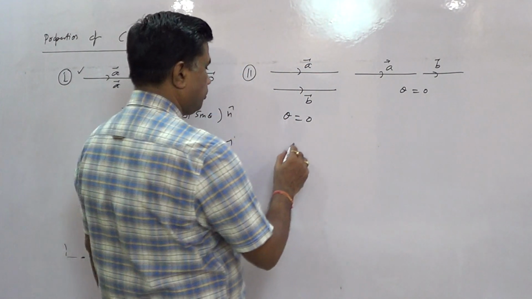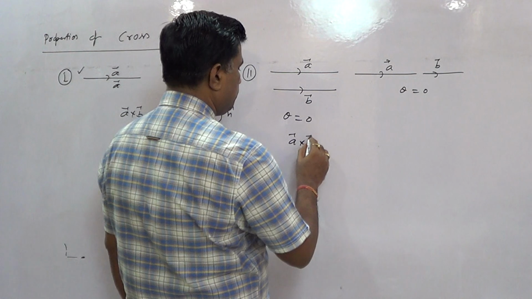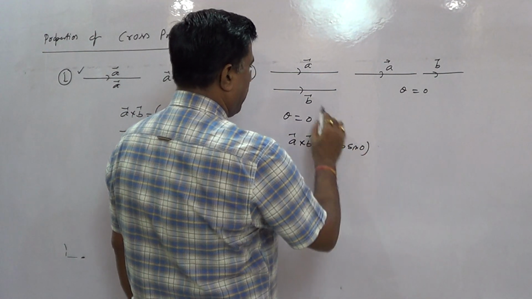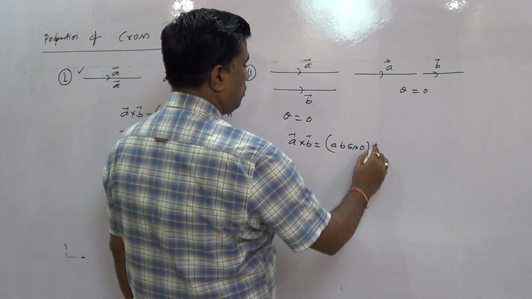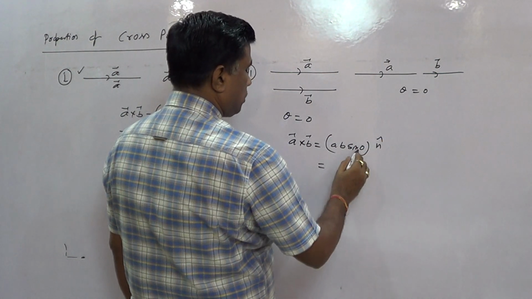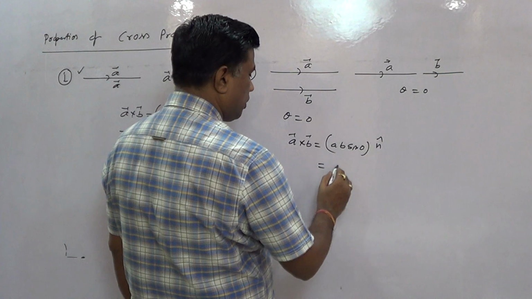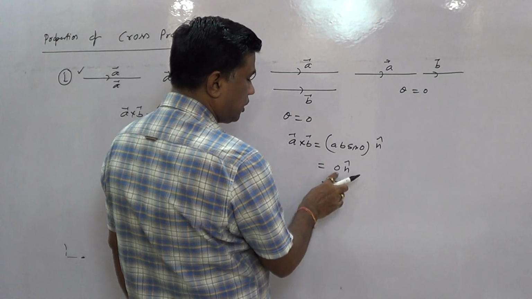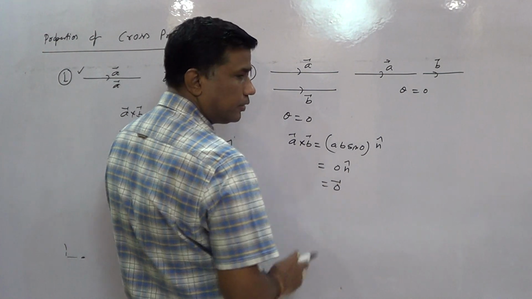See how? A cross B equal to A into B into sine 0, as the angle between these two vectors equals 0, into a unit vector. So sine 0 equal to 0, 0 into something equal to 0, so 0 into n cap is equal to 0 vector, because scalar into vector equals vector.